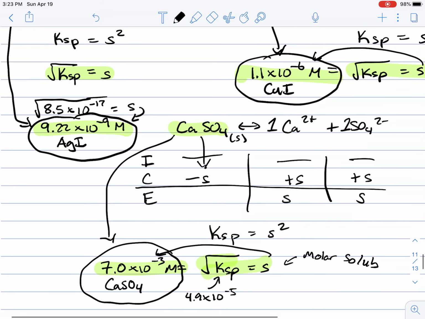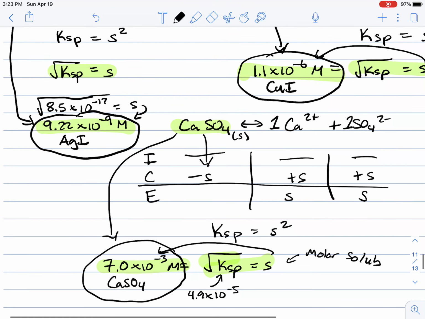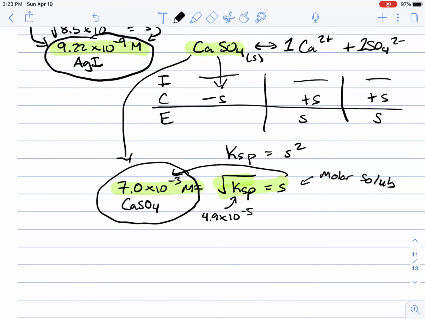Okay. So if you look at the items that I circled, which of the following will have the highest molar solubility? Okay. And so based on these actual numbers, calcium sulfate will have the highest molar solubility.